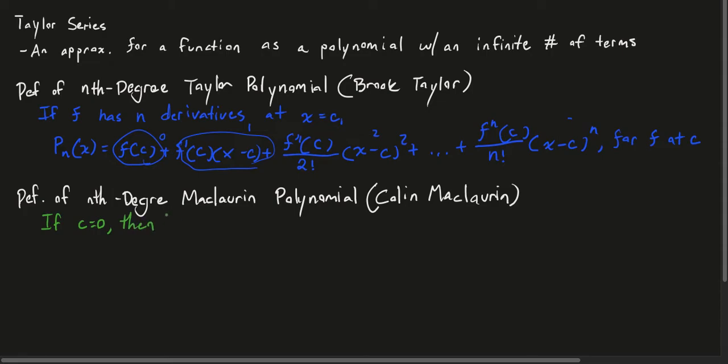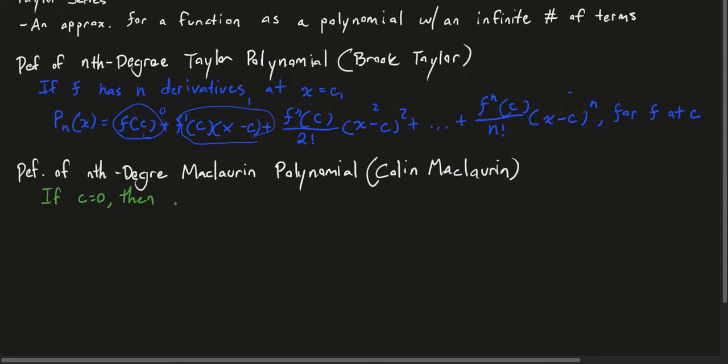then the polynomial of the nth term of x equals f of 0 plus f prime of 0 times x plus f double prime of 0 over 2 factorial times x squared.